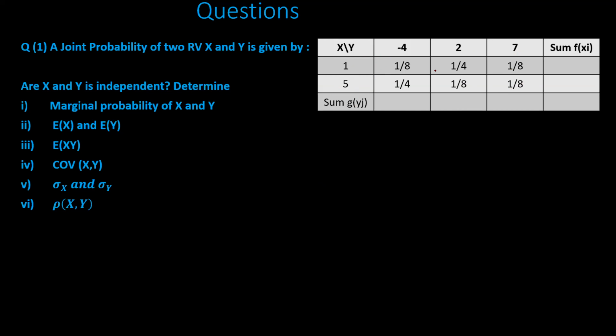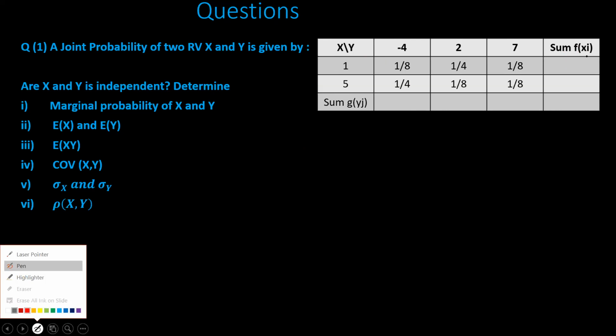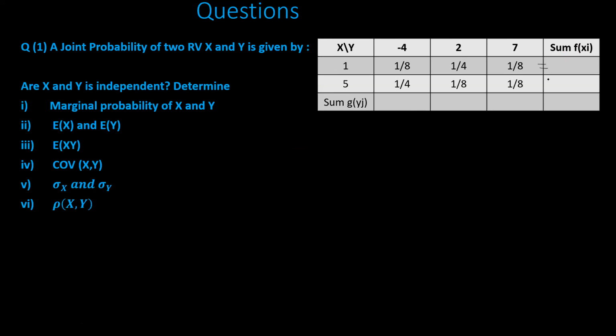Now I have added one more column called sum. Whenever you have a joint probability distribution, always try to write the sum. First you write the sum of rows. What is 1/8 plus 1/4 plus 1/8? Can you tell me quickly the value of this sum? 1/8 plus 1/8 is 2/8, plus 1/4, so this will be 1/2.